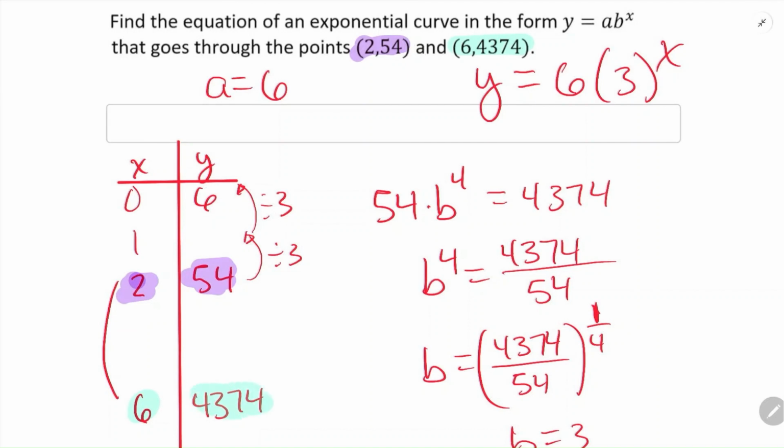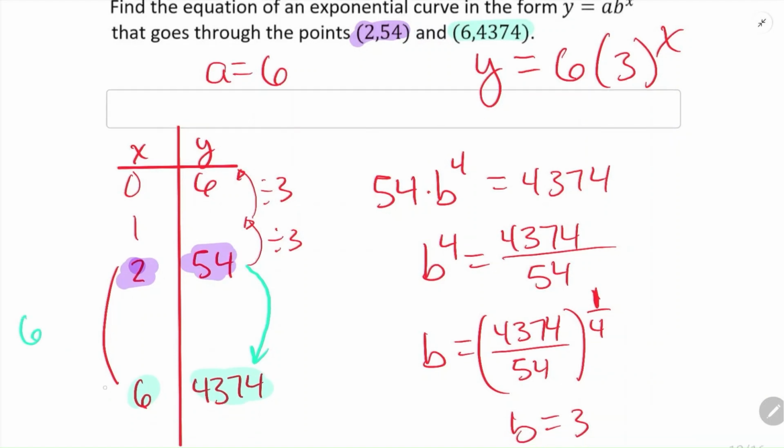So a couple of things, right? I'm starting with this number 54 and I'm multiplying it by a bunch of b's, factors of b, right? My multiplier, I'm multiplying it by repeated b's until I get to this number. And the question is, how many b's? Well, if you take this x value here and subtract the x value where it starts, you can see that it's 4.